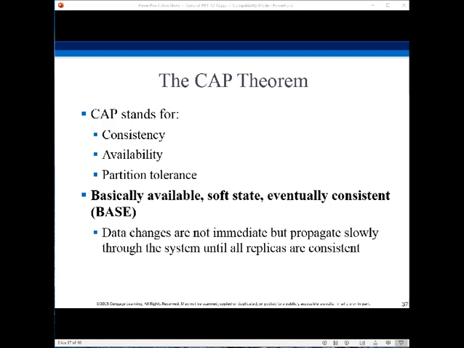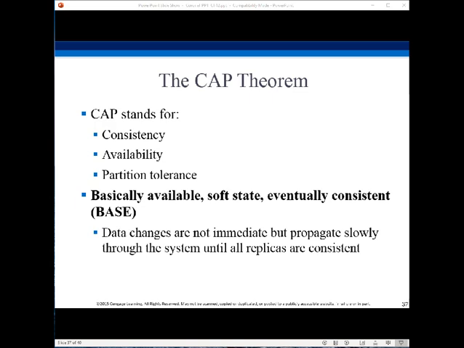Soft state means the system will be changing even without updates to the data, as distributed modifications are reconciled and applied throughout. In other words, we've got a backlog of updates that need to be distributed among all our replicas. Even if we stop doing updates, that backlog would still result in database updates throughout the system for a period of time.